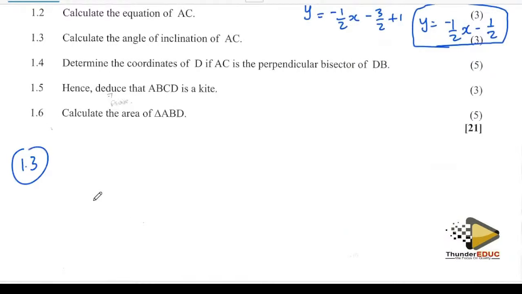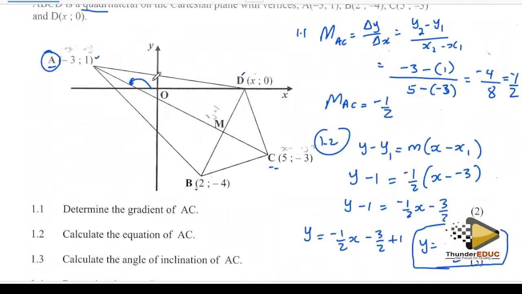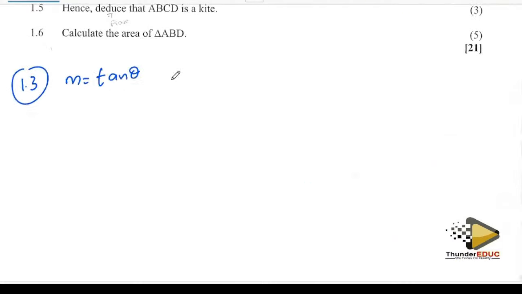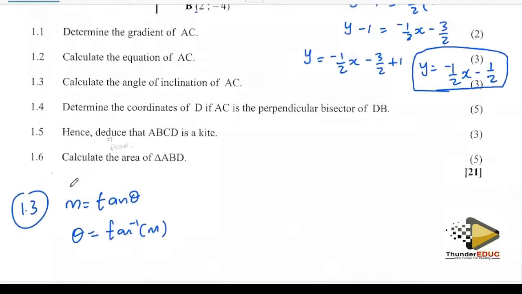So m is equal to the tan of theta. If I call this my theta, my angle of inclination, for me to get that angle theta, I'll use the shift tan of m, where m is the gradient of that line.